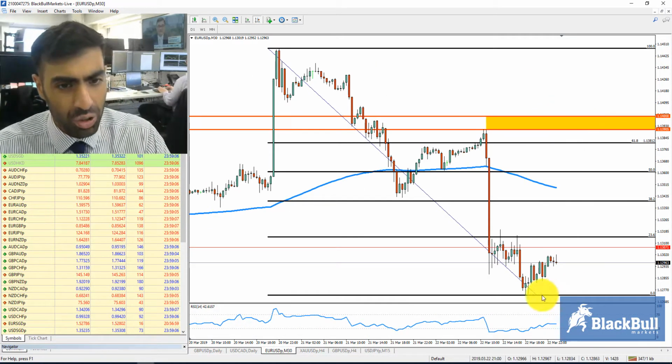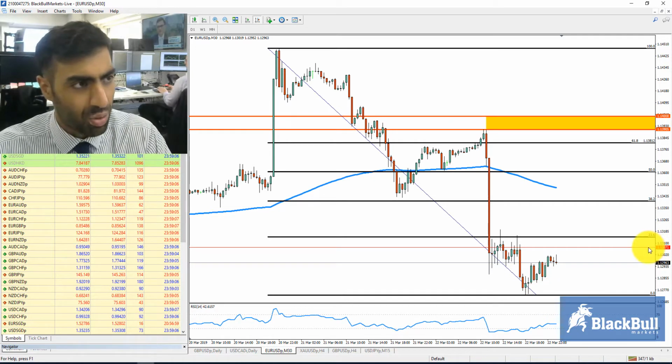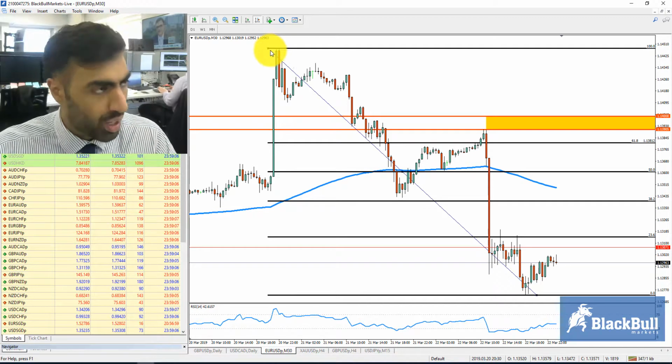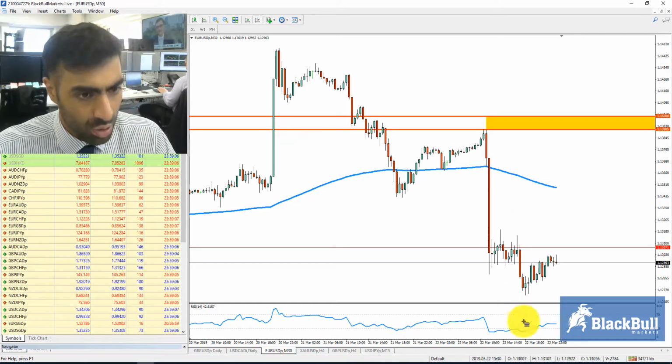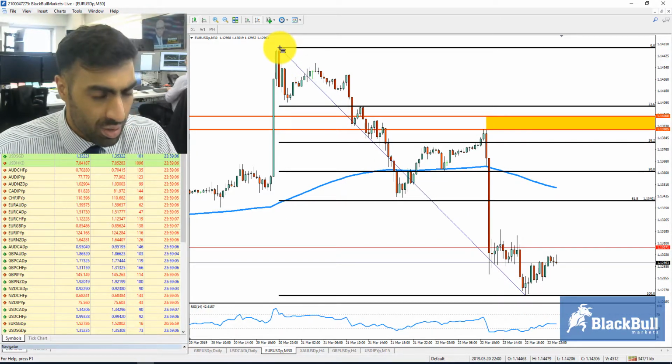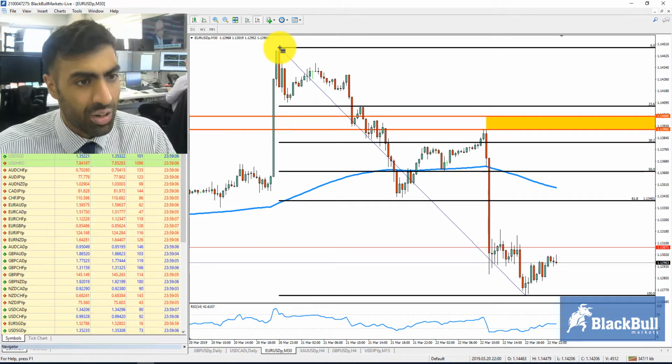You can currently see we're trading in between the 0 and the 23.6% retracement line here from the swing high to swing low. If we take the swing low to swing high, which is another interesting outlook, again we're currently in that zone.